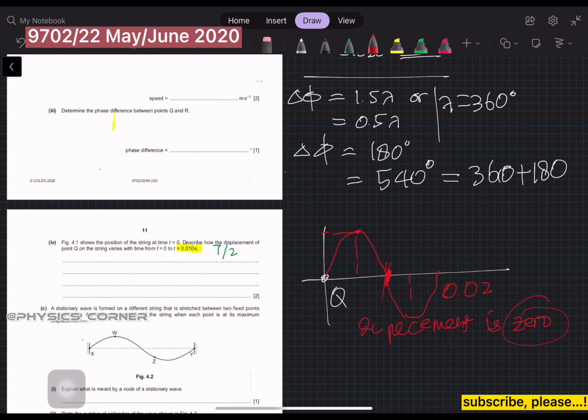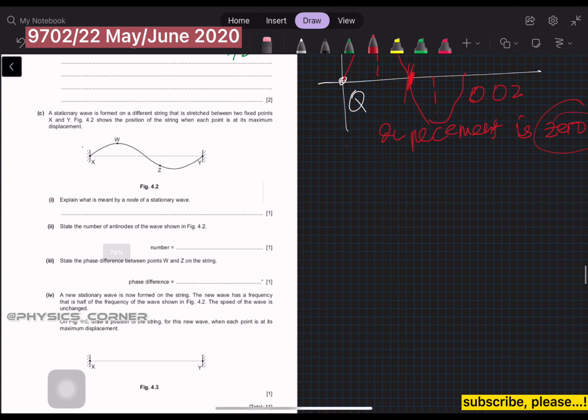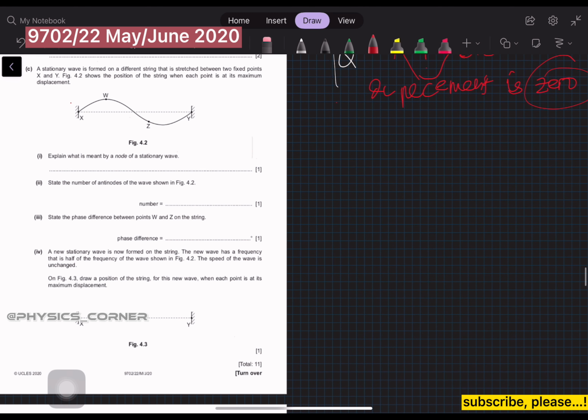So we continue to the next equation. A stationary wave is formed on a different string that is stretched between two fixed points X and Y. Figure 4.2 shows the position of the string when each point is at its maximum displacement. Explain what is meant by a node of a stationary wave. Node is zero displacement.